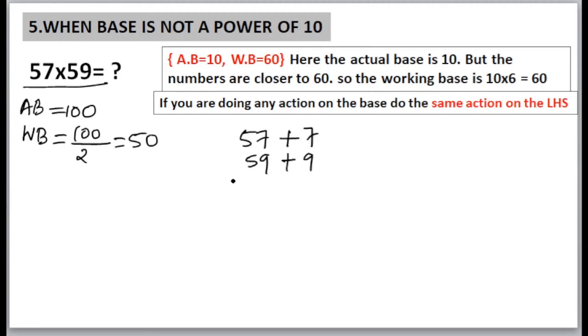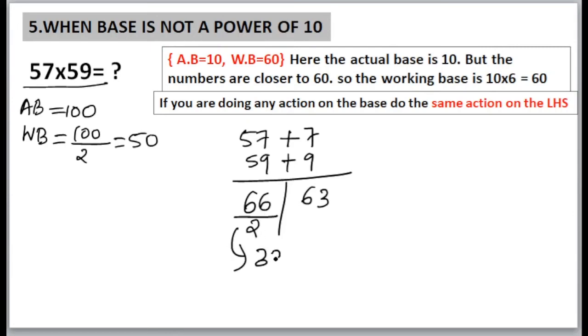So your RHS will be 9 into 7 is equal to 63, and 57 plus 9 or 59 plus 7 is equal to 66. But you have performed an action on the original base, so you have to perform the same action on the LHS. So your LHS term will be 66 by 2 is equal to 33, and your RHS term will be 63.